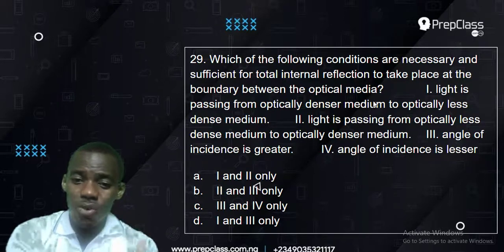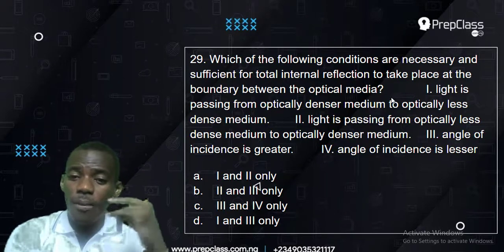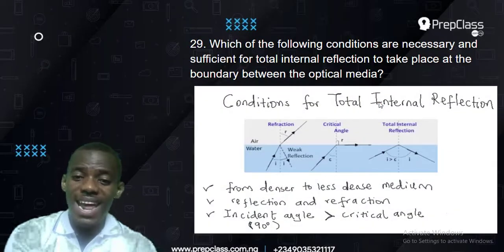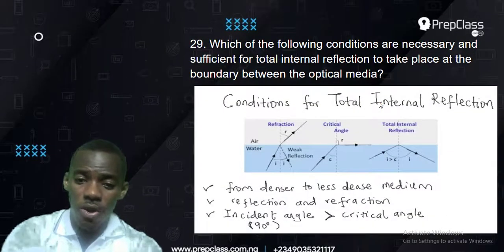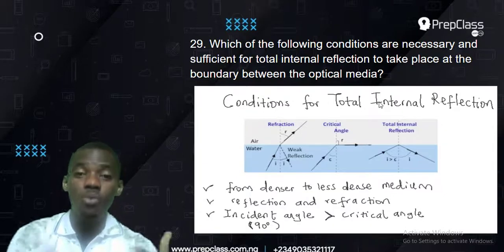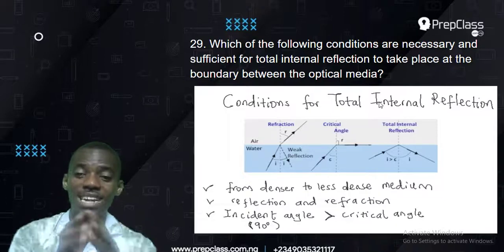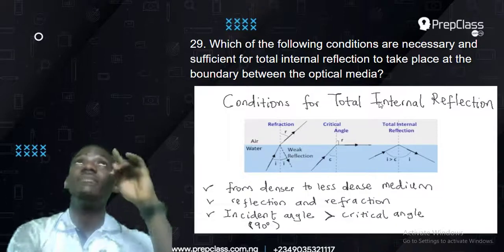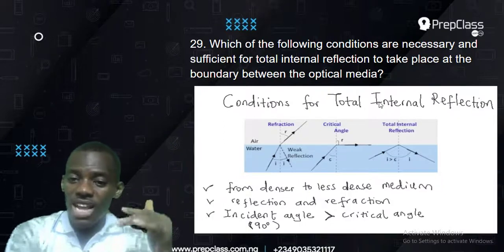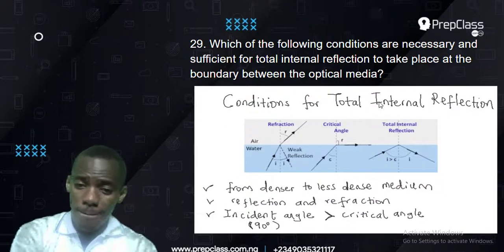So number 1 is correct, because one of the conditions is that it must move from an optically denser medium to an optically less dense medium. Like in the case of water, you are in a swimming pool, that medium is water and it is denser. To a less dense medium means air, that means outside the pool. So the first condition is that it must be from a denser medium to a less dense medium.